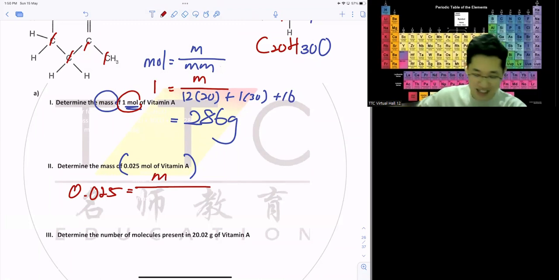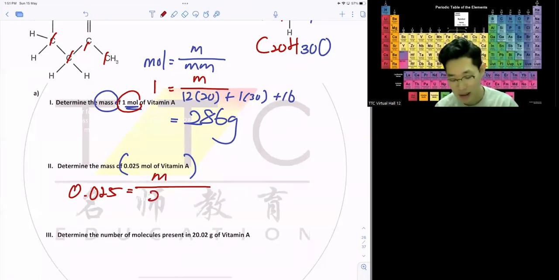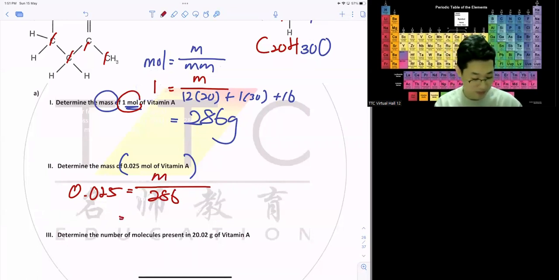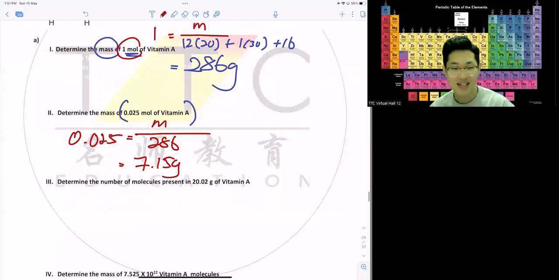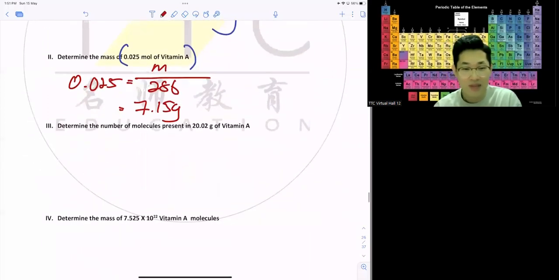Let me press my calculator. C20 plus 30 plus 16, 286. Just now times 1, so it's 286 times 0.025 equals 7.15 gram. Easy.